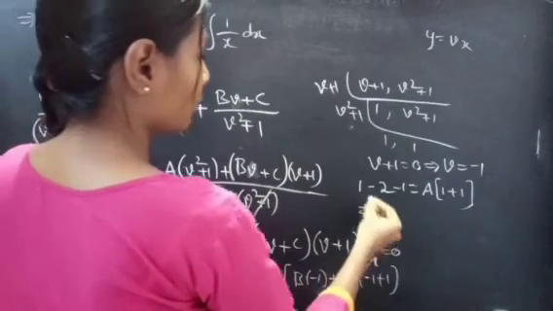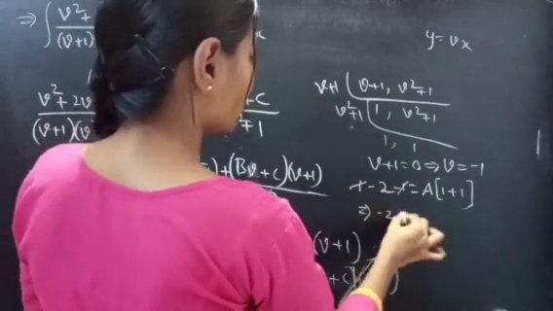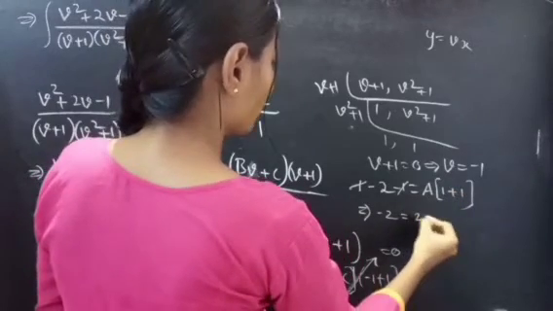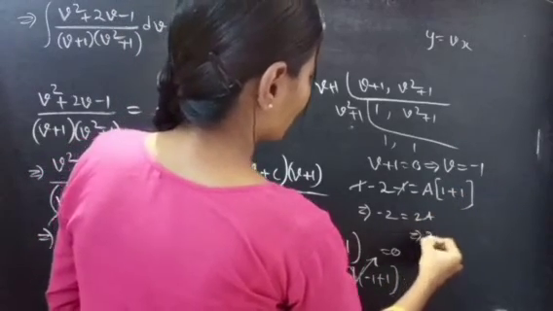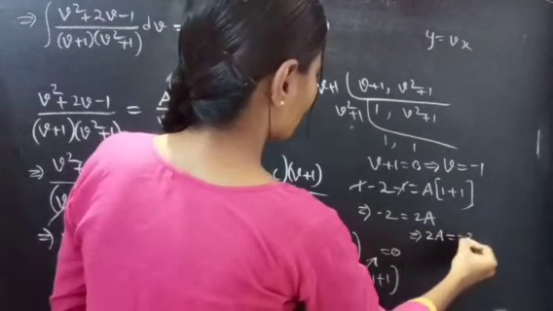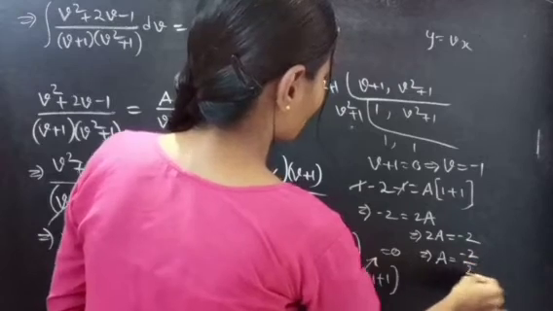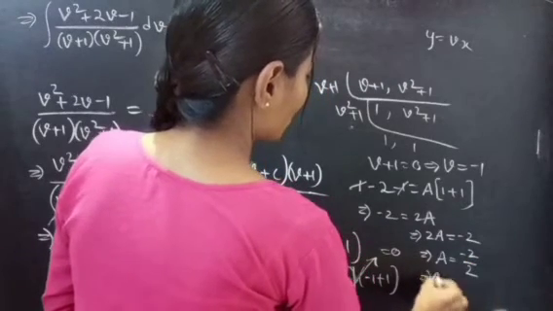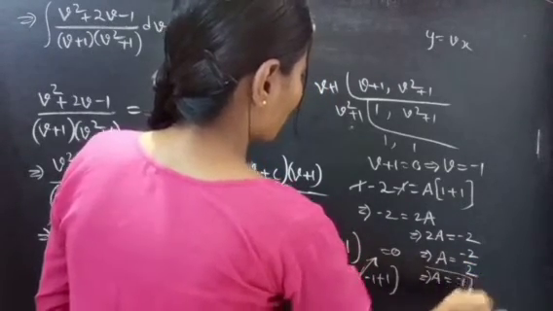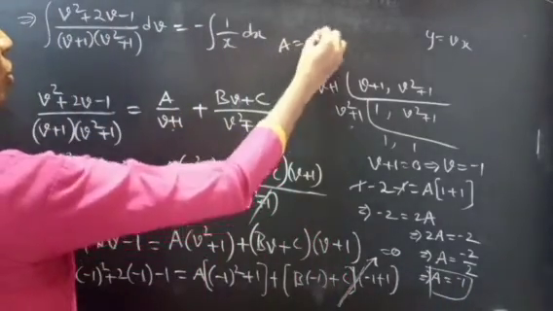Then 1 minus 1 gets cancelled and we'll get minus 2 equals to 2a. 2a equals to minus 2. From this we'll get a equals to minus 2 by 2, which is minus 1, right? So we have a equals to minus 1.